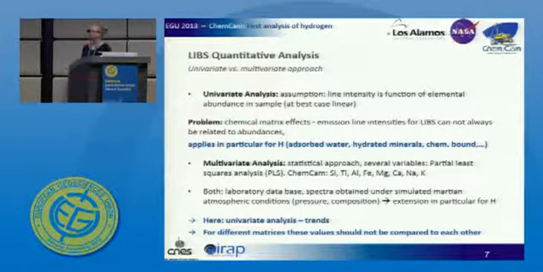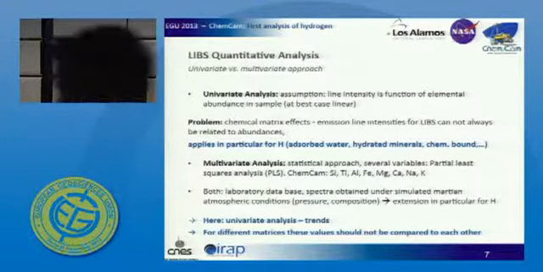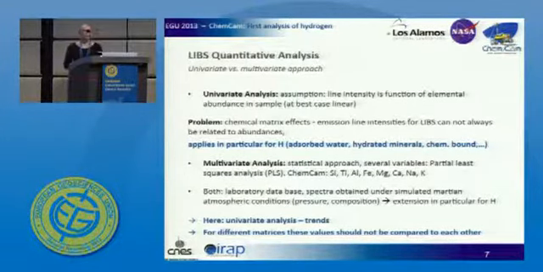So what we are doing with ChemCam is multivariate analysis, which is a statistical approach and takes into account several variables at one time. So we are doing partial least squares analysis, which is short PLS. And with ChemCam, we can predict the abundances of all the major elements, but not the hydrogen.